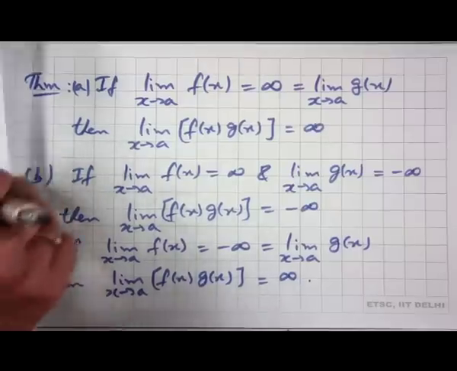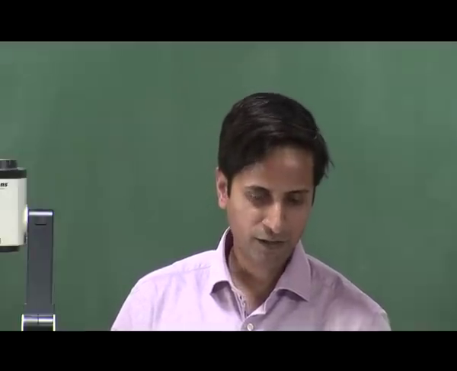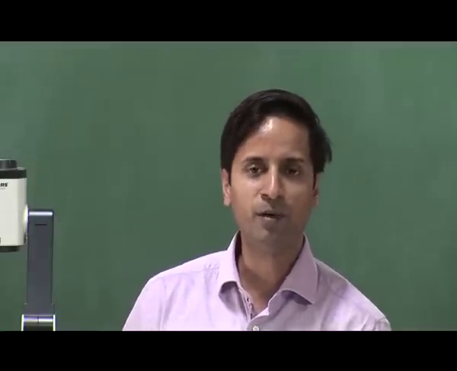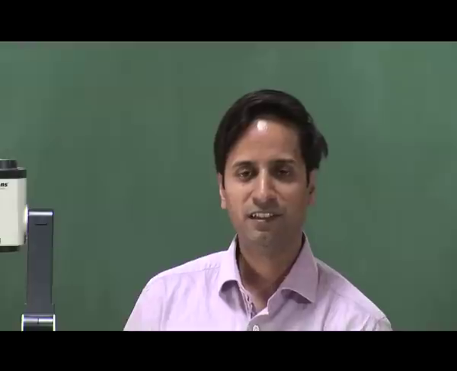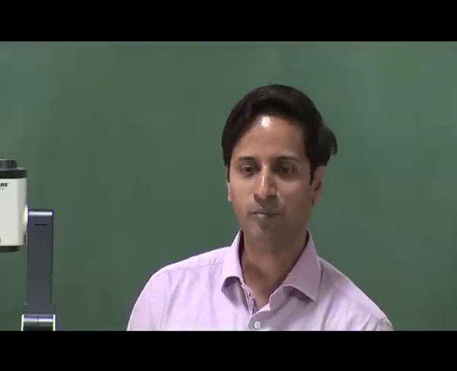So, that is all this theorem is telling. But the problem is if one is a large positive number and another one is a small positive number, in that case we cannot say whether the product will be a large positive number or a small positive number, or it will be some other constant.